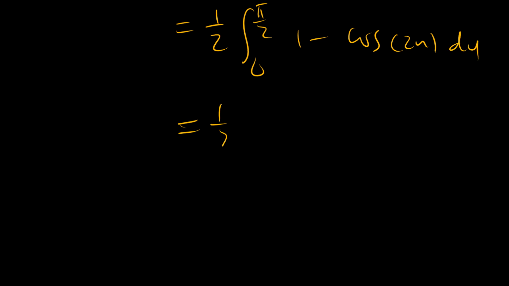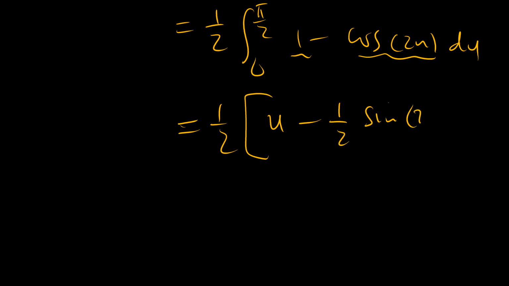So this is a half. Integrating 1, that becomes u. Integrating cosine 2u, that becomes a half sine 2u. And then we have our limits.